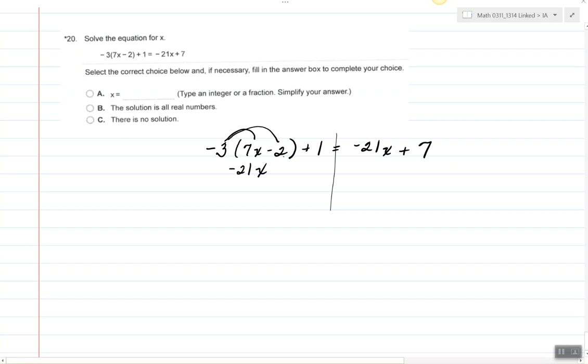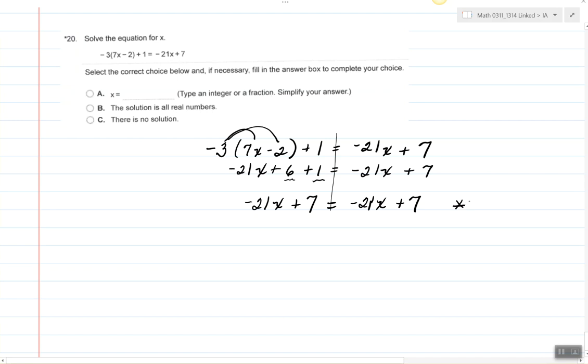Negative 3 times negative 2, negative times negative is positive 6, plus a 1. I'm going to finish simplifying. I have like terms. I have negative 21x plus 6 plus 1 is 7. Going to bring down this right-hand side because there's no simplifying to do. So I'll write it down twice.